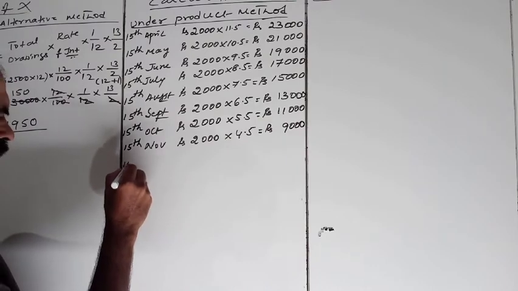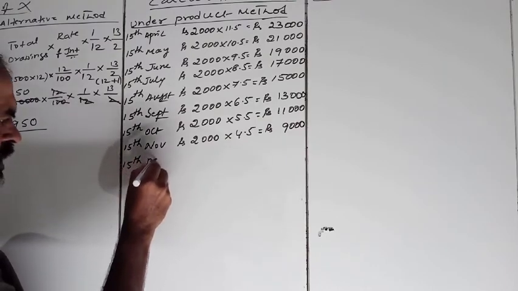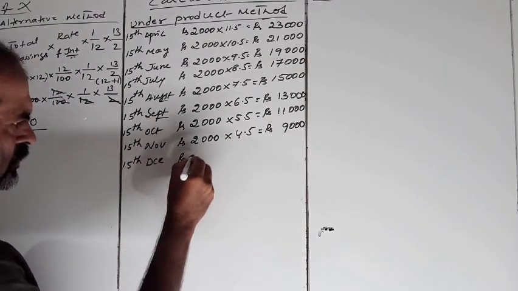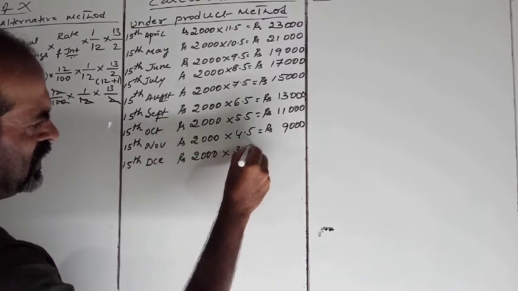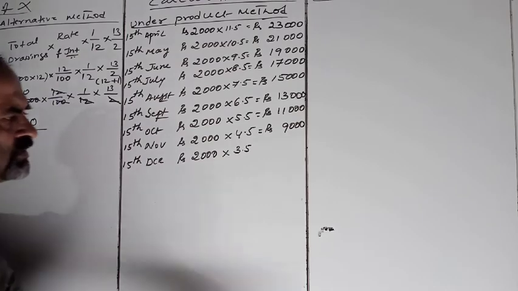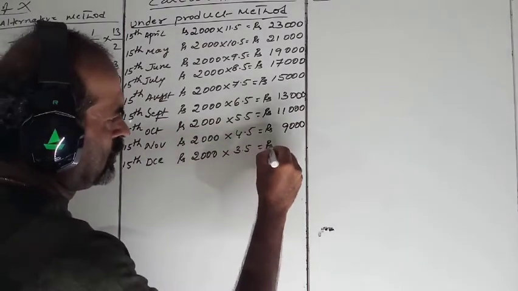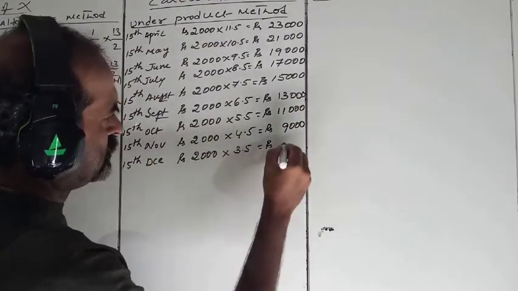Next withdrawal on 15th December, rupees 2000 for 3.5 months up to 31st March, rupees 7,000.